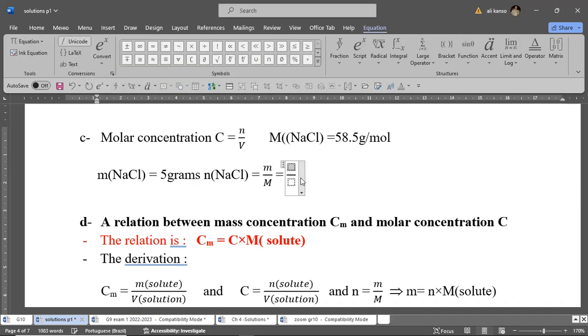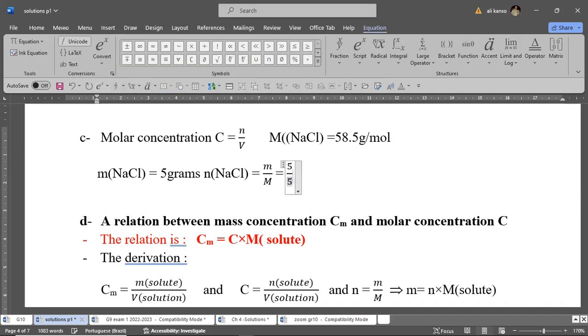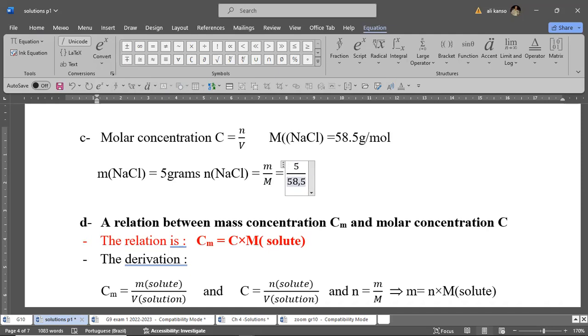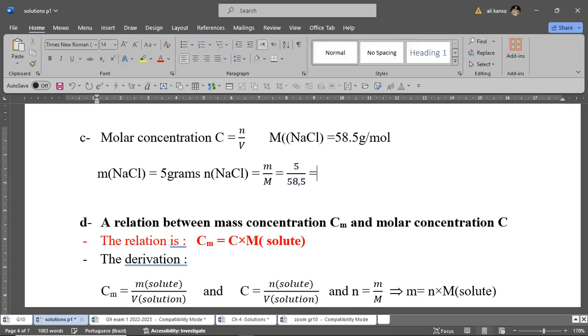5 divided by 58.5. We use a calculator, 5 divided by 58.5, 0.085, 0.085 mole.